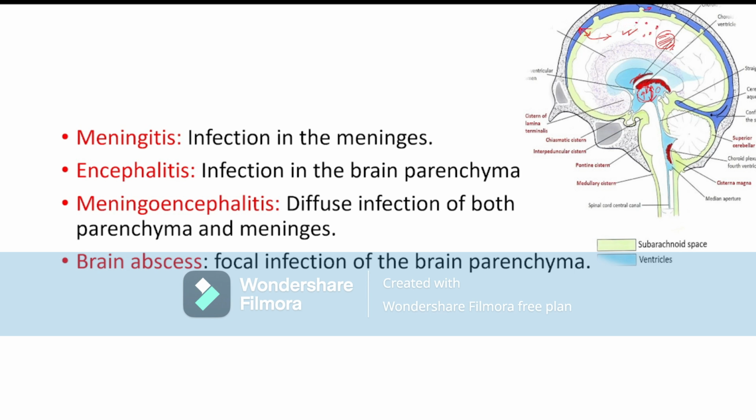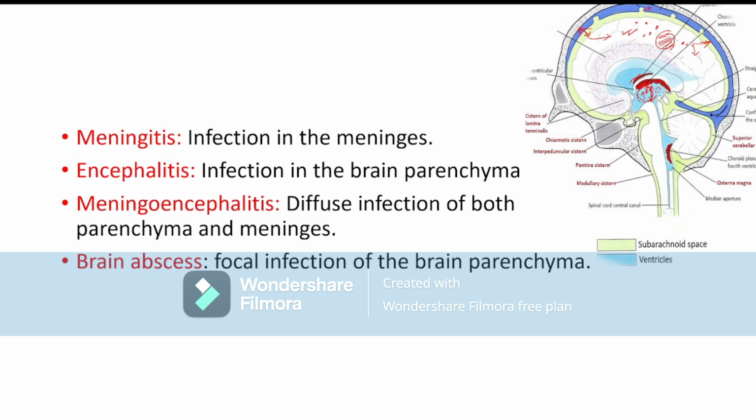So if any infection enters from these blood vessels into the brain parenchyma, this causes encephalitis, and this virus may again enter into the meningeal layer from the brain parenchyma, which causes meningoencephalitis. By this way, the infections attack the brain parenchyma and also the meningeal layers.